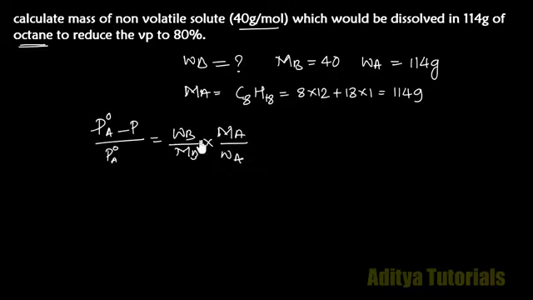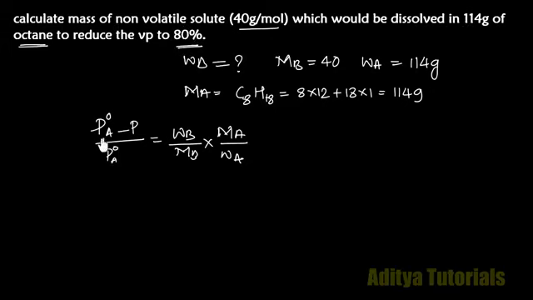Here they are mentioning that the vapor pressure is reduced to 80%. Before it was 100%, and when you add a certain amount of solute, WB gram of solute, in 114 gram of octane, the vapor pressure reduces to 80%.